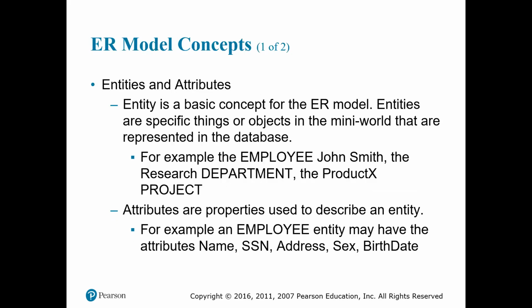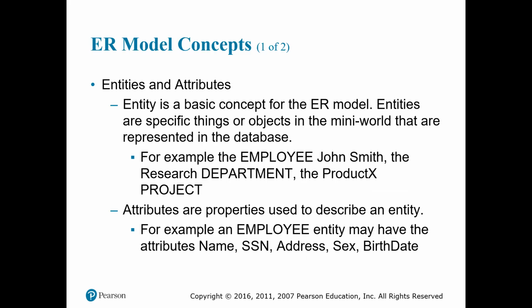Okay, so entities and attributes. Again, this is all very intuitive. We're just going to cover the required jargon. An entity is a thing, a person, a department, a car, a project, right? It's a thing.